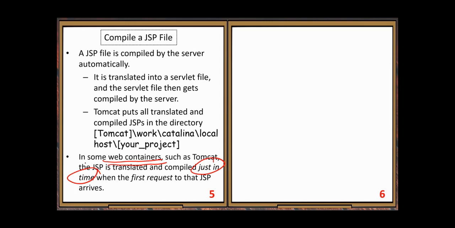That means when the user, more specifically, when the first user requests it, then it is compiled. When the first user requests access to this JSP. So let's use the index.jsp.